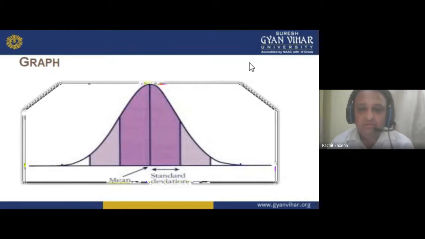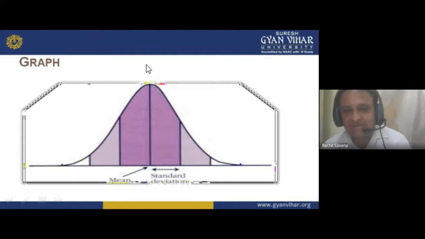Now see, if we have values 1, 2, 3, 4, 5, 6, 7, 8, 9, 10 on the negative side, and on the positive side again 10, 9, 8, 7, 6, 5, 4, 3, 2, 1, 0. This is drawn between the limits, negative side here and positive side here. Mean will always give you the middle value, the center value.